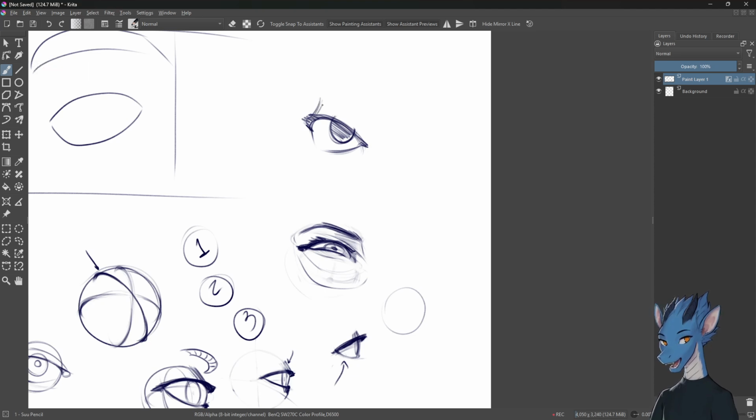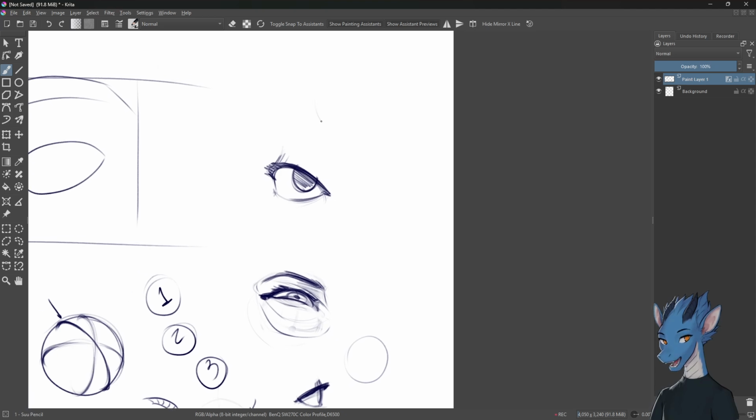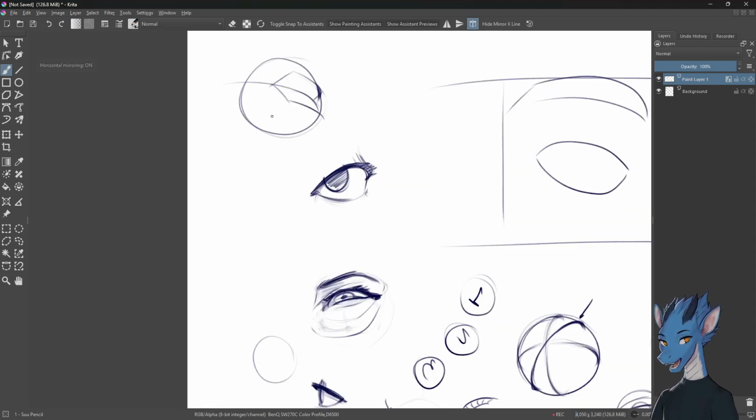If you guys are familiar with my work, I draw mostly furry creatures, and I draw them in a semi-realistic style. So this is not the kind of eye I draw, but this is important because this is what I see, what I think about, right? So when I draw, say, my little Sue, I will draw the eyes in a very cartoony way.